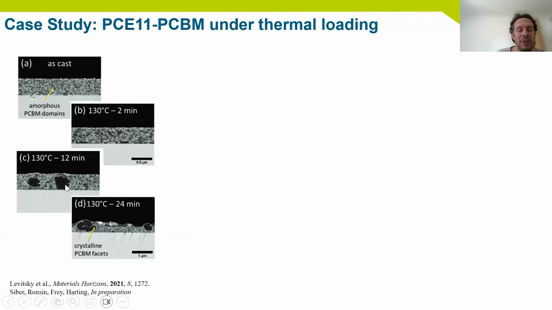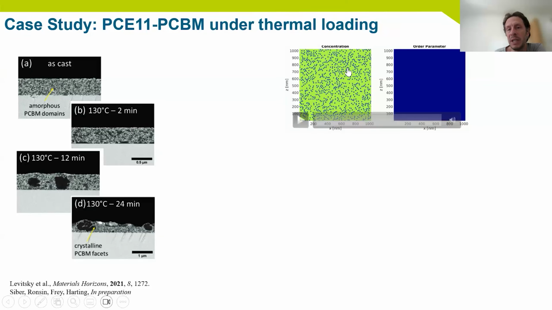So we try to reproduce this with our phase field simulations. And here you see on the left the volume fraction of the PCBM, and so the blue points you see are PCE11 nanocrystals actually, and otherwise you have an amorphous mixture of PCE11 and PCBM in green. And on the right you have the other parameters, so we are tracking the crystallinity of PCBM. So let's run.